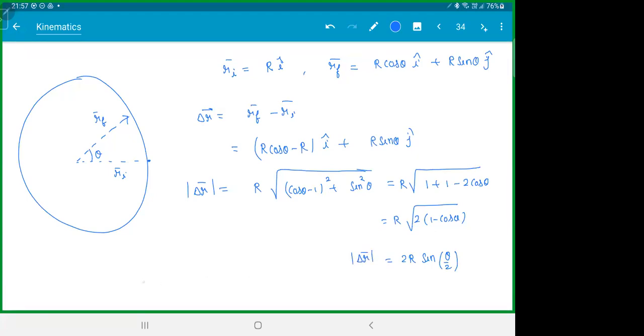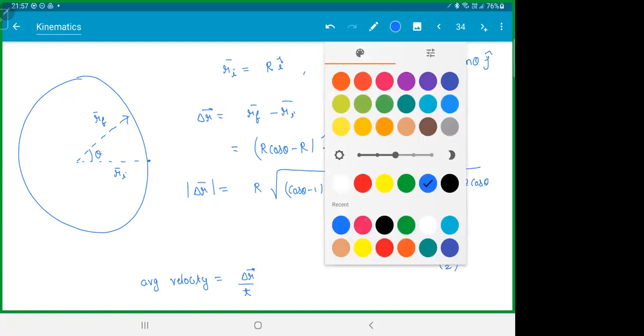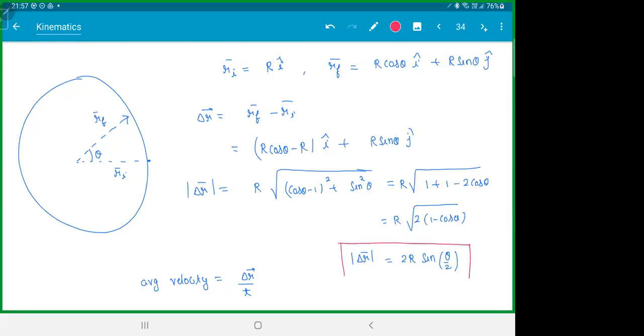So you want average velocity. That would give me the formula delta r bar by time. You want magnitude, just take the magnitude of this and finish it off. Simple one. So if a particle rotates by an angle theta, the displacement is 2r sine theta by 2. Same thing you'll get for change in velocity also.